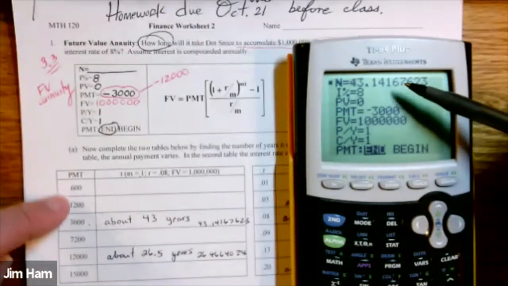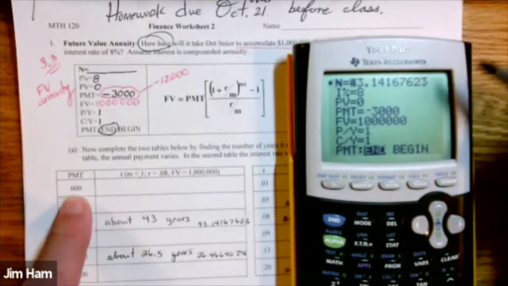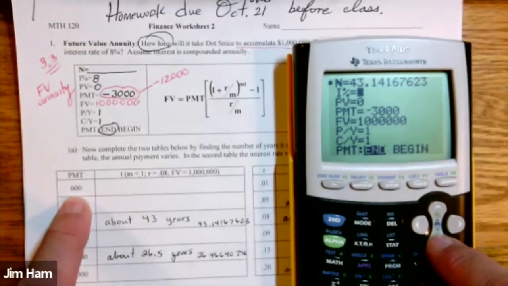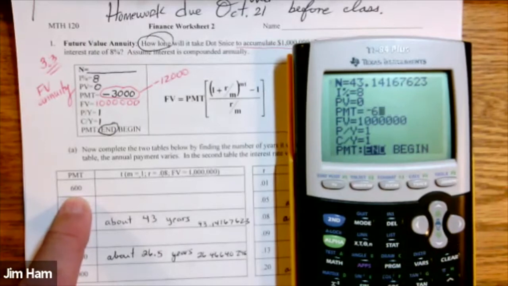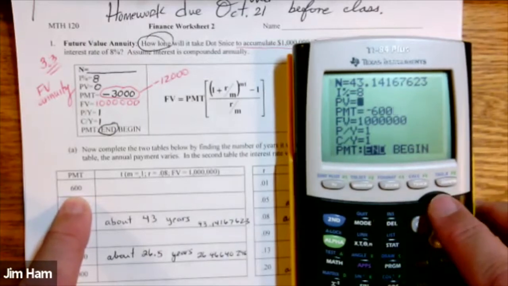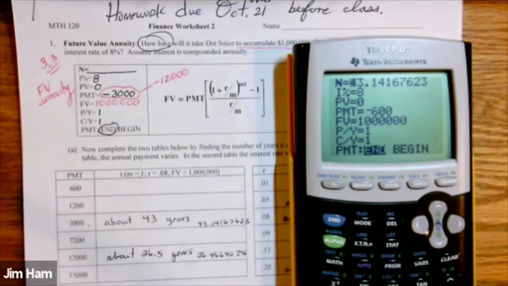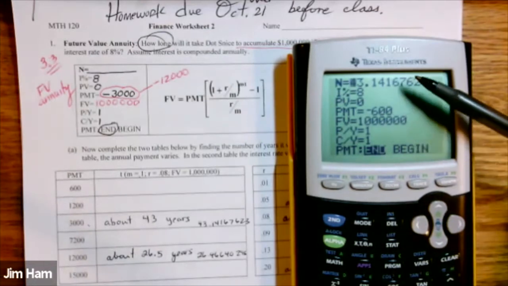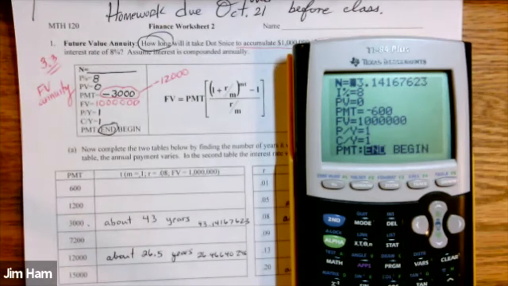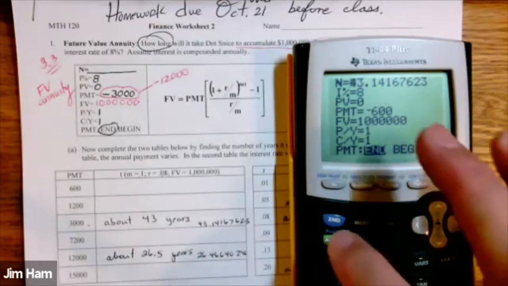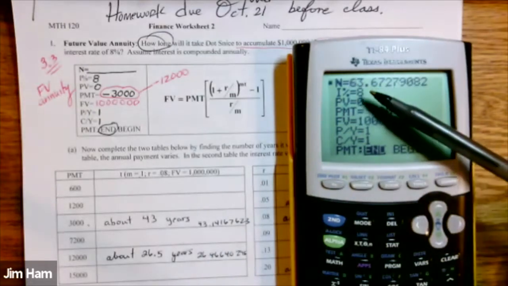Now, if you wanted to do one of these other ones, for example, you just come down and change the payment to 600, go back up and recalculate n. We know this answer is going to be much longer. If it takes 3,000 a year to amass $1 million in 43 years, and you invest less, like $600, then calculate, you can see it's going to take you 63 years.